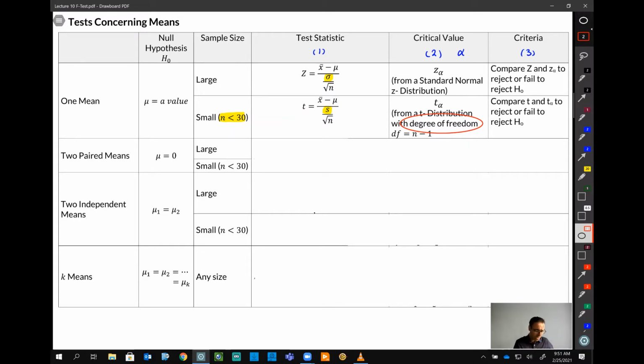But for now, accept that the degree of freedom is just the number n-1. I highlight it here, so I promise you the next slide is on degree of freedom, because I saw on Tuesday that many questions asking what is degree of freedom.